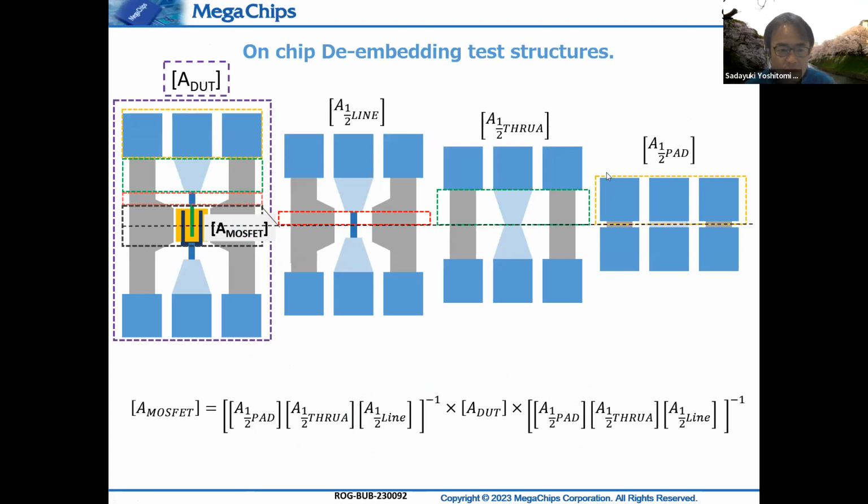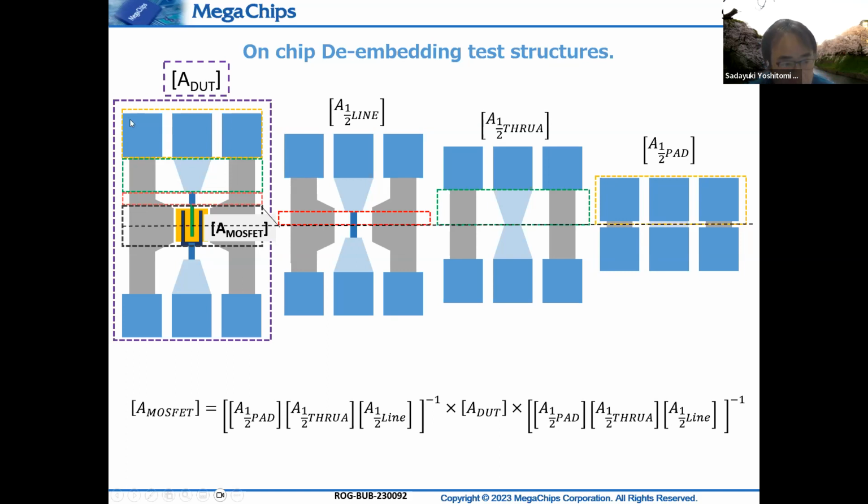And this slide shows the de-embedding procedure, how it was used when performing on-wafer measurement up to 120 gigahertz. The idea of de-embedding is to create patterns that decompose each part of the GSG test structure.